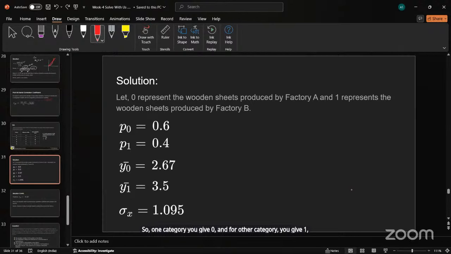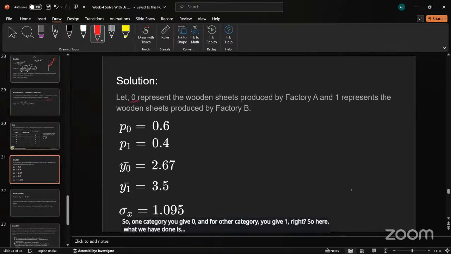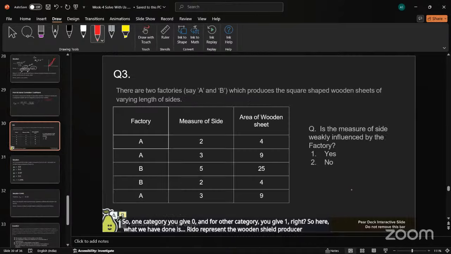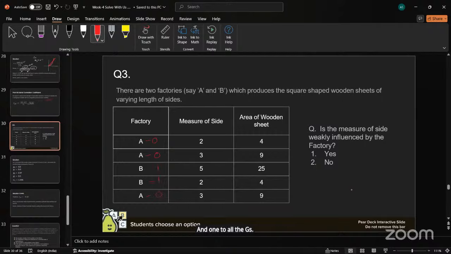So here 0 represents the wooden sheet produced by factory A. You assign 0 to all the A's and 1 to all the B's. Are you getting this?